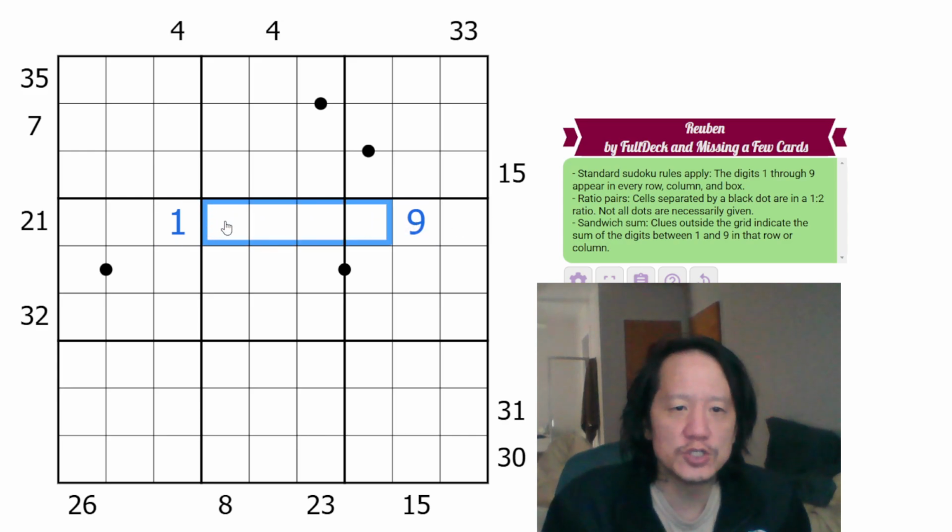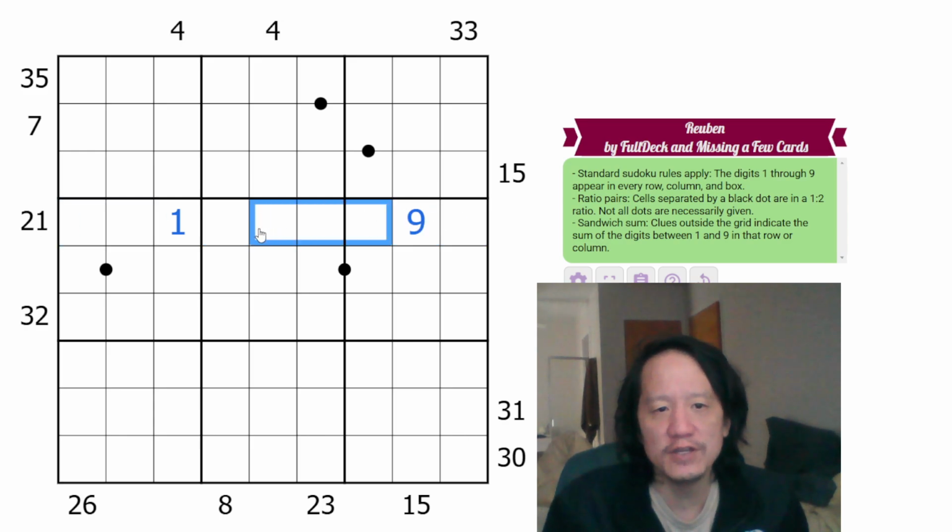The cells between these two digits must add up to whatever is outside the grid in that row. So these 4 digits must add up to 21 specifically.